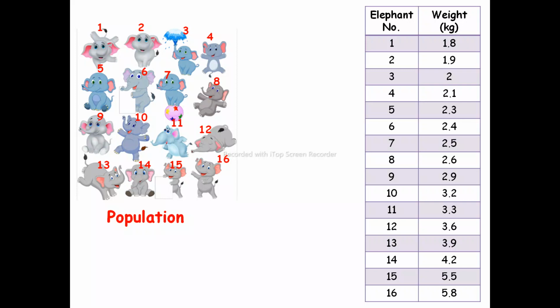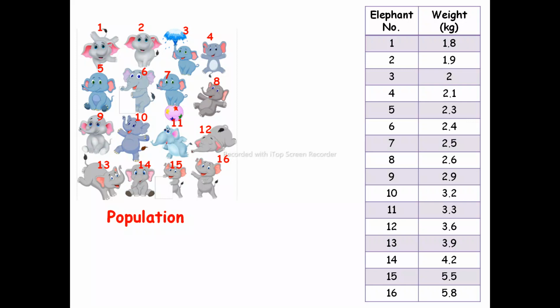The last elephant, number 16, weighs 5.8 thousand kgs. So you can realize that the elephants are numbered according to their weight, arranged in ascending order. A very important thing that you need to learn in systematic sampling is that you need to arrange the population in some kind of order, in some kind of sequence, and then after arranging them you need to give numbering to the population.